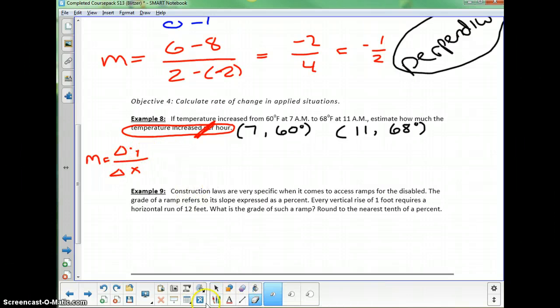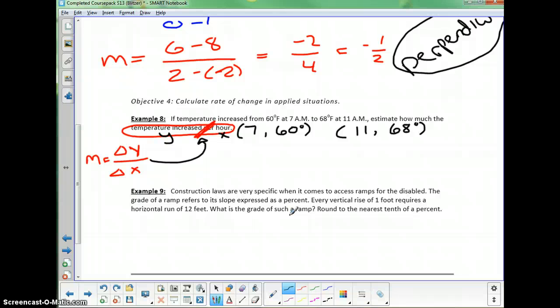That tells me that what I have first must be the y, and what I have second must be the x. This is my division. So that's another way of getting your ordered pairs organized. Your answer is not going to be correct if you have them in the wrong order.